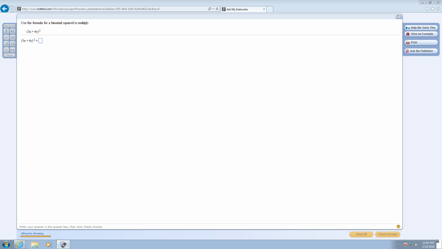So the 3x goes here, 3x goes here, and 4y goes here, and 4y goes here. And that's going to be 9x squared plus 2 times 3 times 4 is 24xy plus 16y squared.